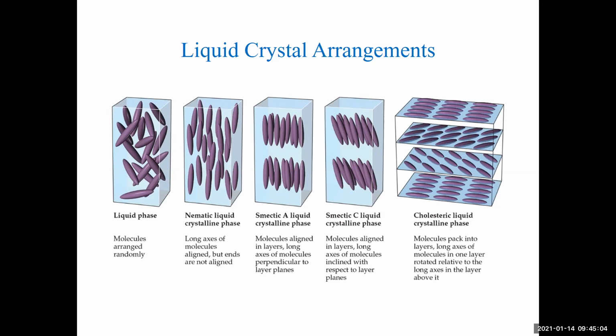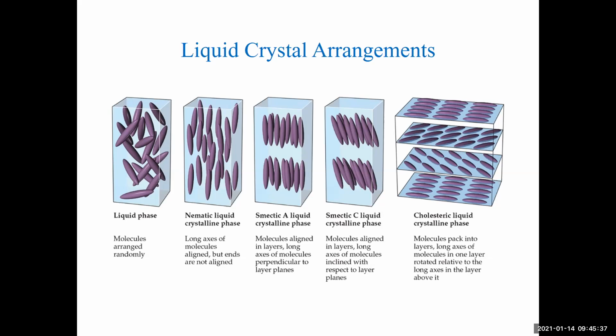Smectic A, they're aligned by the long axis, and then they start to have planes that are perpendicular to each other, okay? So once again, we see a little bit more order. The next one, smectic C, we still have that alignment along the long axis. We have layers, as we did with smectic A, but now we start to have a little bit of an angle to it, a little bit of a tilt.